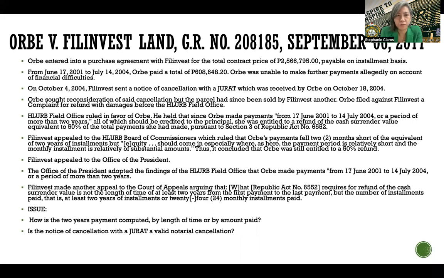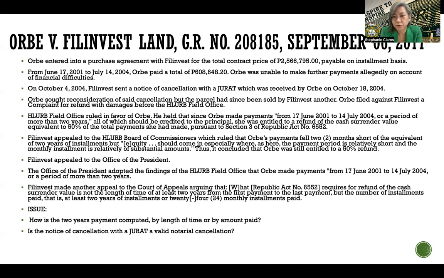So Orbe from June 17, 2001 to July 14, 2004 was able to pay a total of 608,648 pesos and was unable to make further payments on account of financial difficulties.